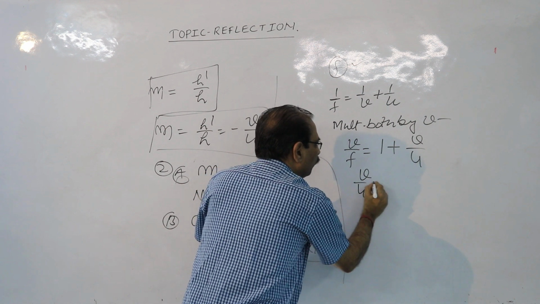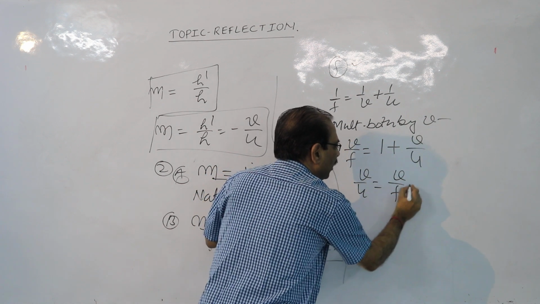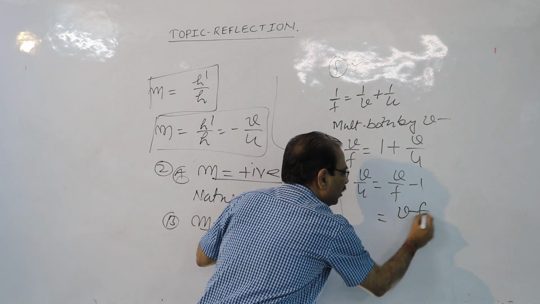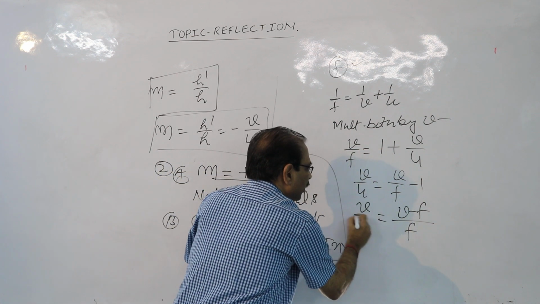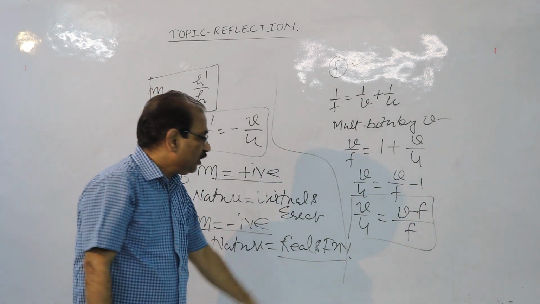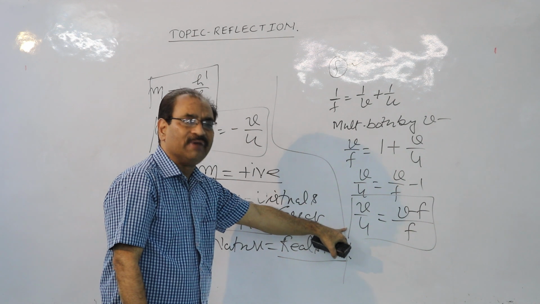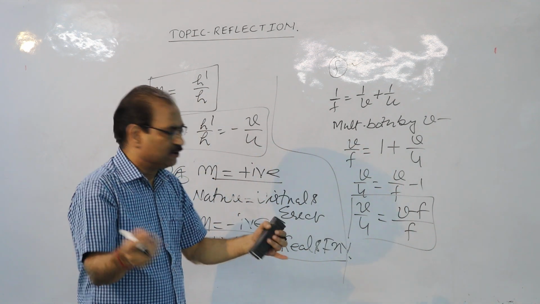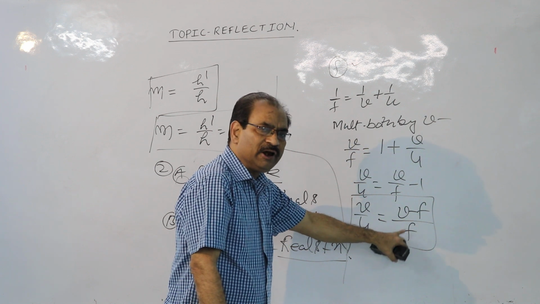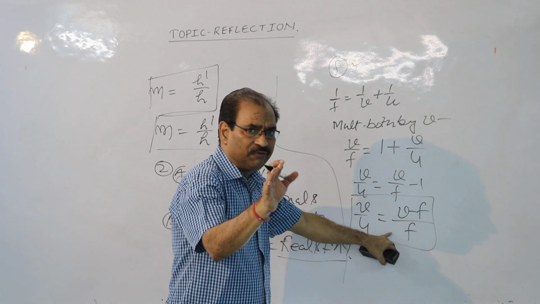So v upon u will become equal to v upon f minus 1. Take LCM, it will become v minus f divided by f. It is equal to v upon u. So students, we are ready with the third formula for magnification in terms of focal length. So v upon u is equal to v minus f divided by f. It becomes the third formula for magnification.